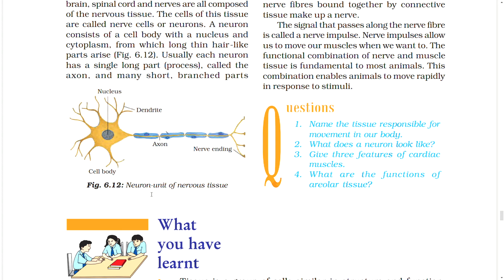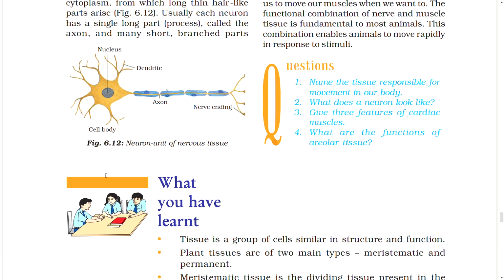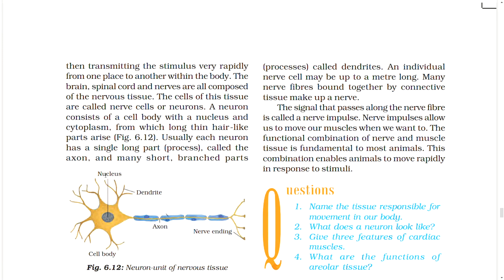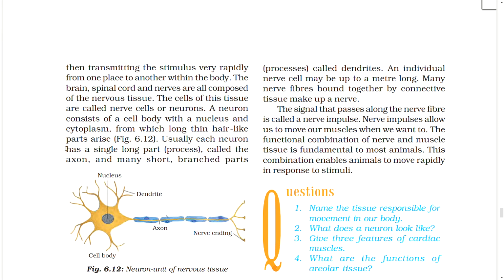Figure. Neuron, unit of nervous tissue. Nucleus, dendrite, axon, nerve ending, cell body. The short processes are called dendrites. An individual nerve cell may be up to a meter long.